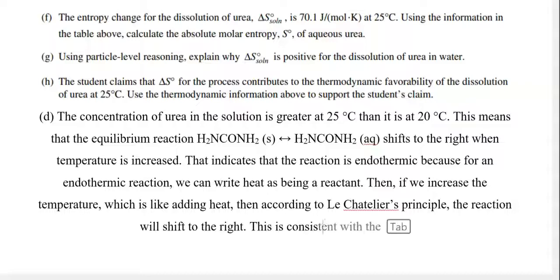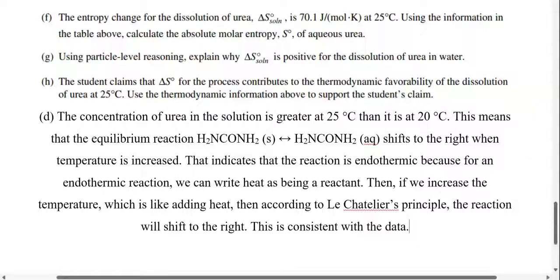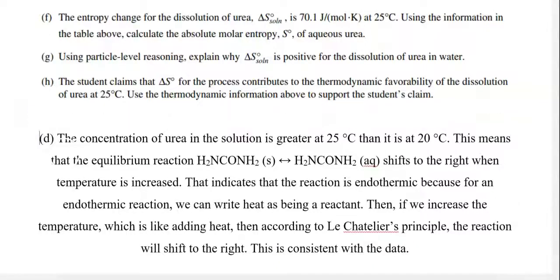And this is consistent with the data. Okay, so I think that's a pretty good explanation for that question.